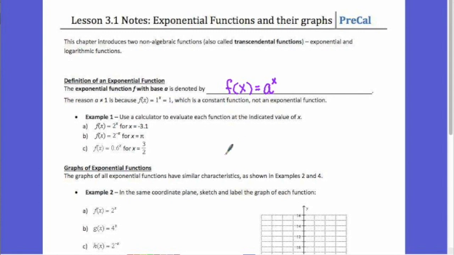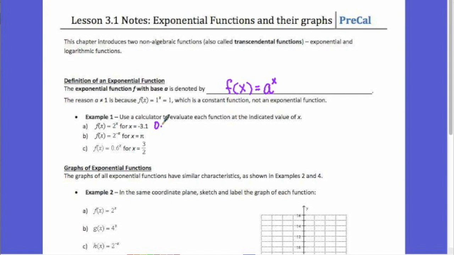All right. Next thing down here for the example, we're just plugging these values into the calculator, so I'm pretty confident you guys would be able to do those. For this one, 2 to the negative 3.1. Here we're plugging in a pi, so it would be 2 to the negative, and then we put a pi here. And then our value here, 0.6 to the value of 3/2. So the solutions for those are some lovely decimal numbers.